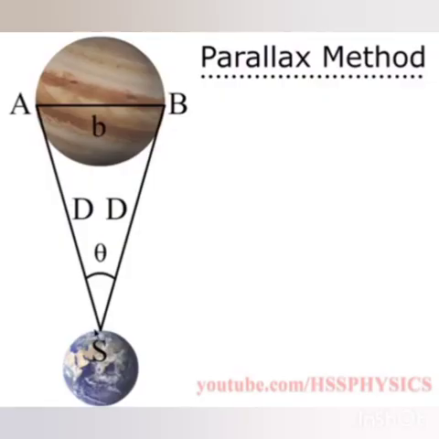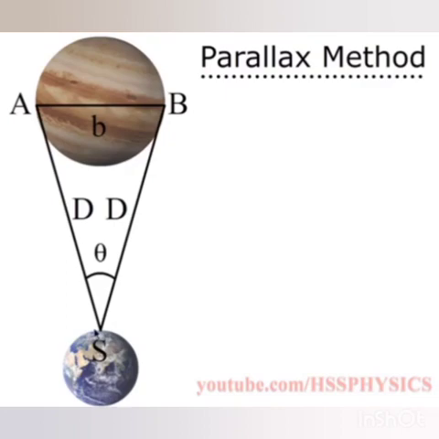Now, we can use the same method to obtain the diameter of a distant planet. For that, we observe the two ends of the planet from the same point on Earth. We keep the observatory at a particular point on Earth, and from there we observe two diametrically opposite ends of the planet, and we apply the same parallax method.